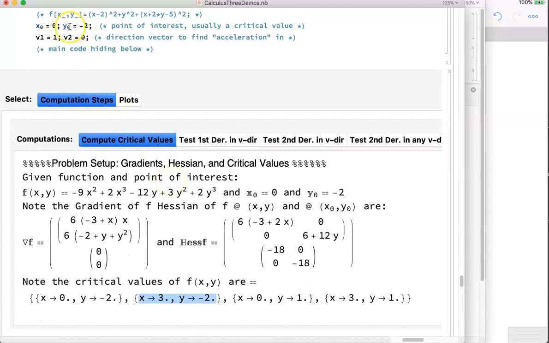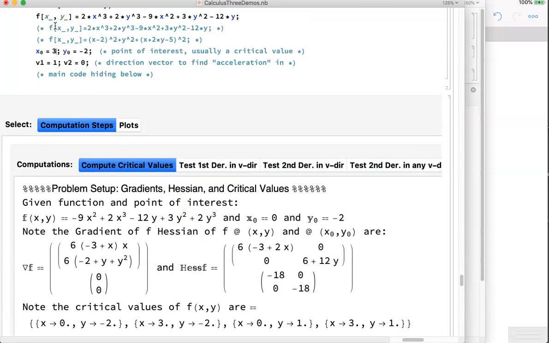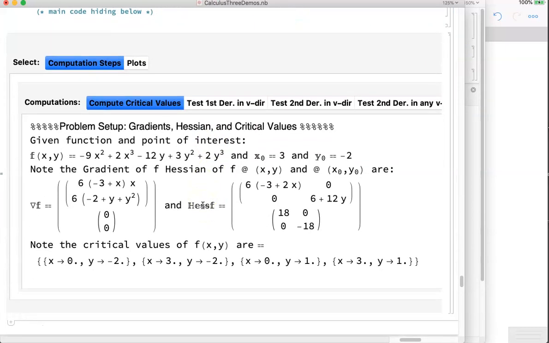So if we put in that point of interest, 3, negative 2, and rerun the program, we can see that something interesting happened. Not much changed, except something very subtle, that fxx came out to be a positive number.